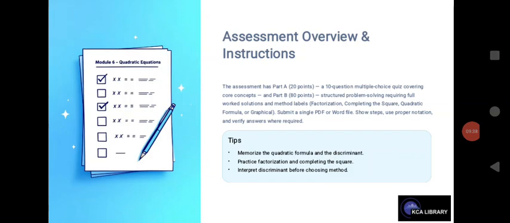You can see that when we talk about quadratic equations, it is not just about ax squared plus bx plus c, or completing the square, or the quadratic formula. It goes far beyond that, because it's applicable to life itself.